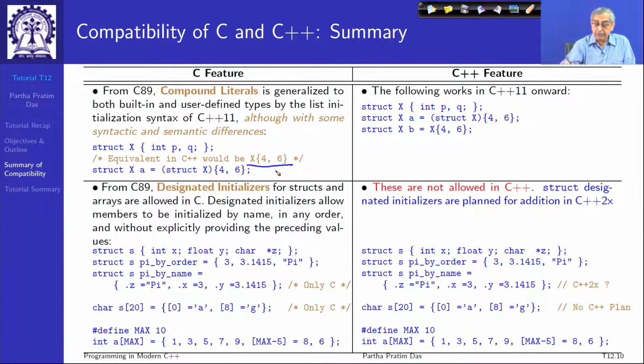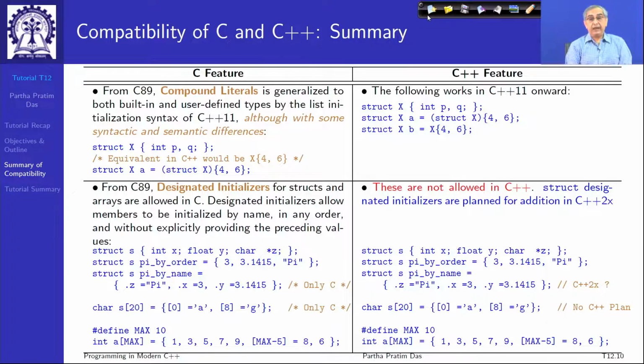Now, from C++ 11 onwards similar support is given, but earlier C++ 03 does not support this kind of compound literal. C++ 11 does. So, in C++ 11 you can write this, you can write this, all will work.